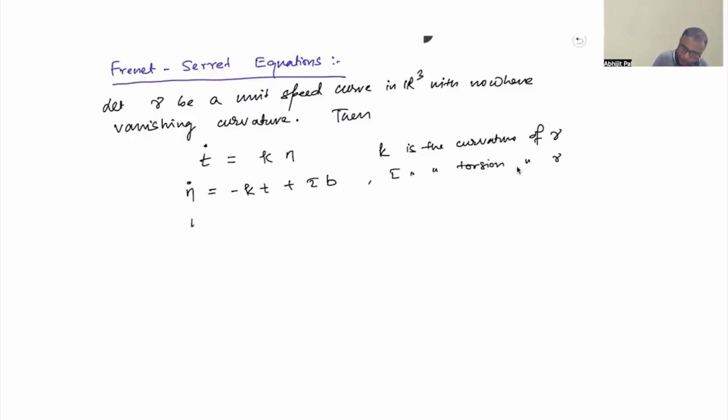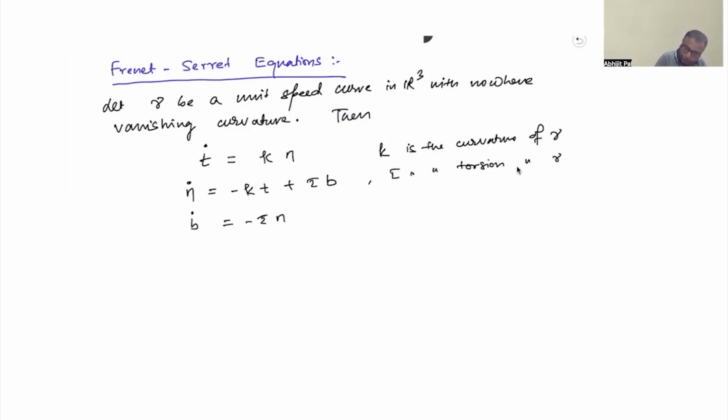And if I take the derivative of this binormal vector, this will be equal to minus tau times the normal vector. So the first and third equations we have already seen, and it is also easy to show the second equation.